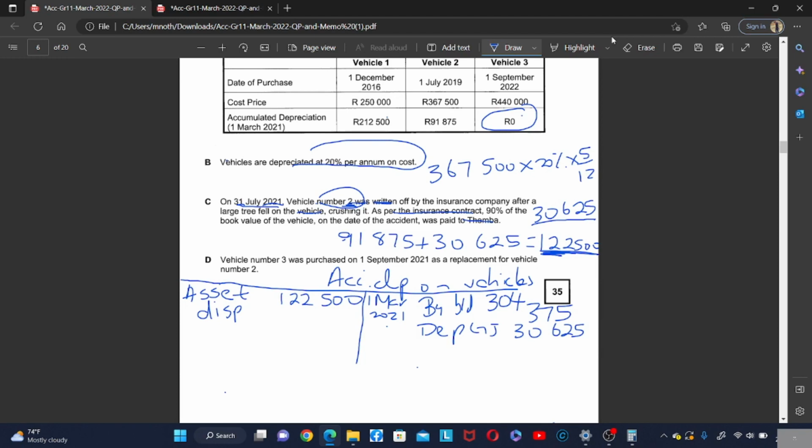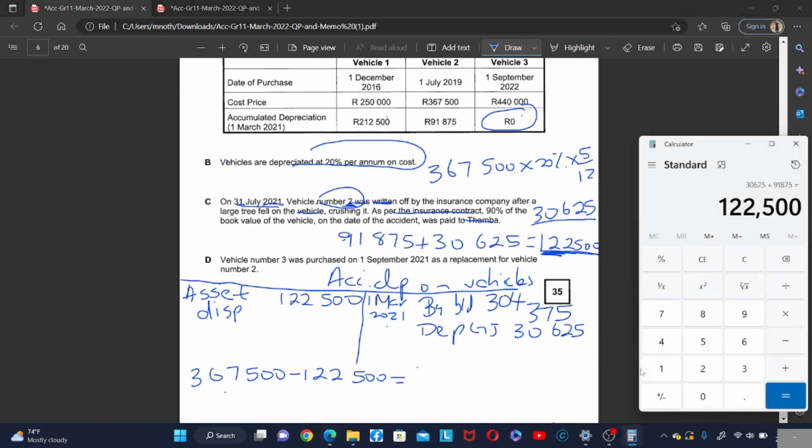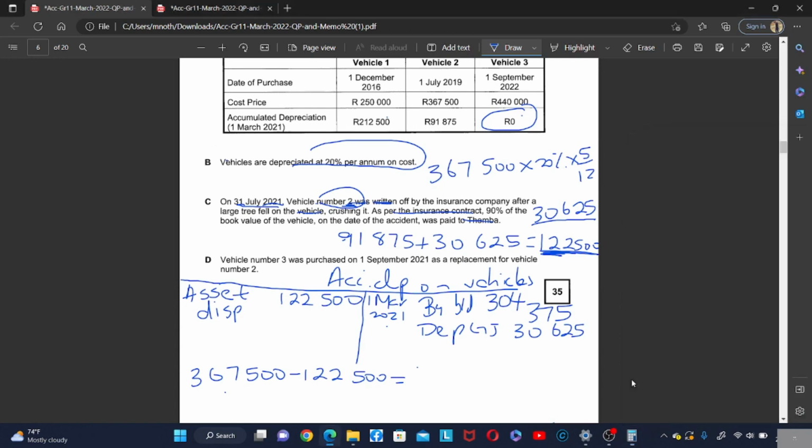So to get the book value, we say 307,500 minus 122,500 is equal to 245,000.